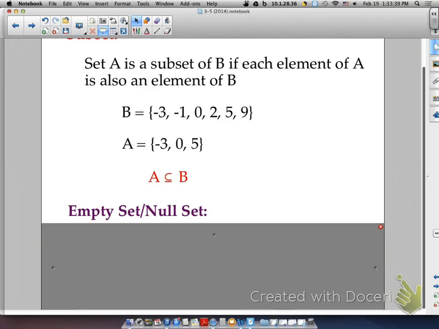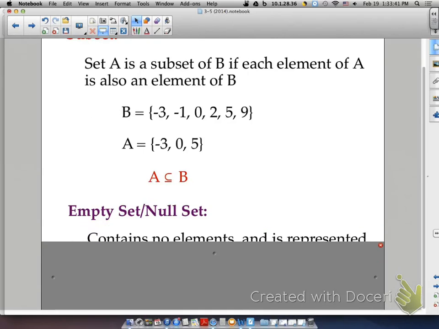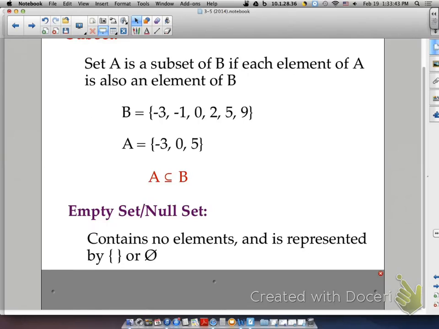Just two brackets, yeah, or two double brackets. Or a zero that's crossed. Either of those mean that you're talking about an empty set or a null set. It doesn't mean nothing. It means that that is part of that, and we'll get to that in a second.